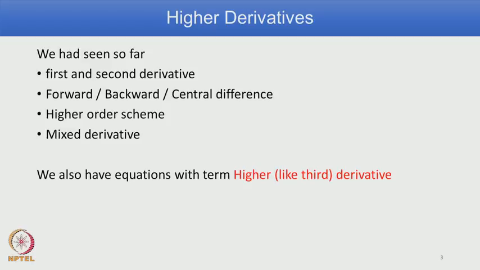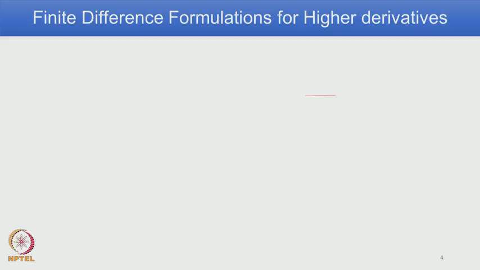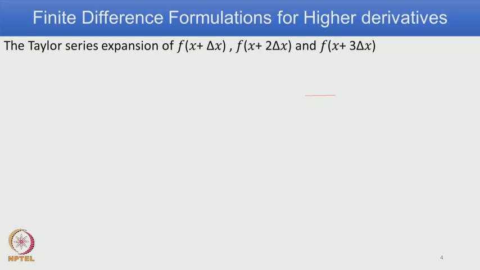For example, if you consider the vorticity transport equation or the vorticity stream function formulation that we had seen last week, it has a fourth order term based on stream function. So, we should know how to obtain finite difference formula for any order as well. And this we had seen towards the end of last class. We repeat here for the sake of continuity.